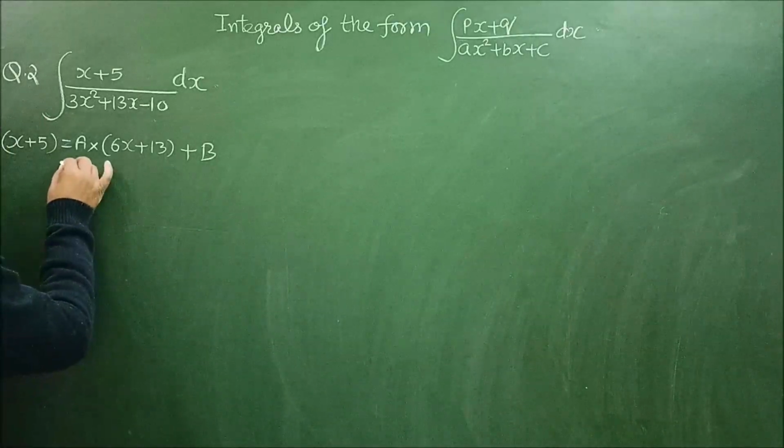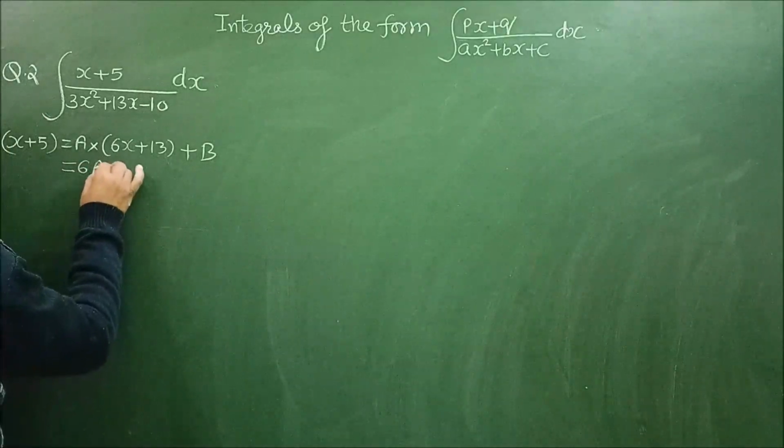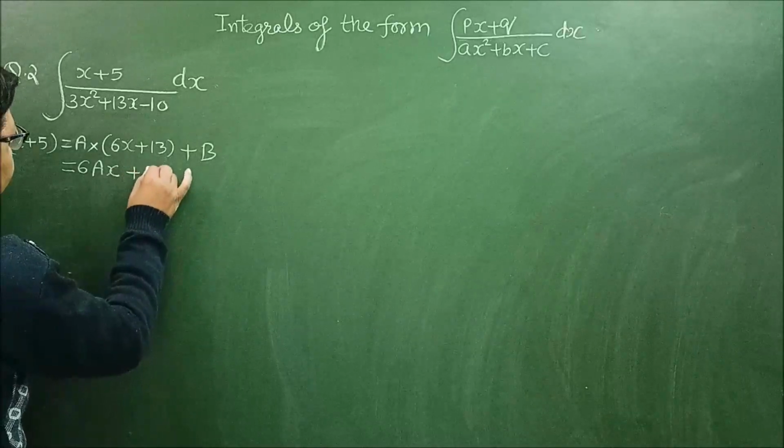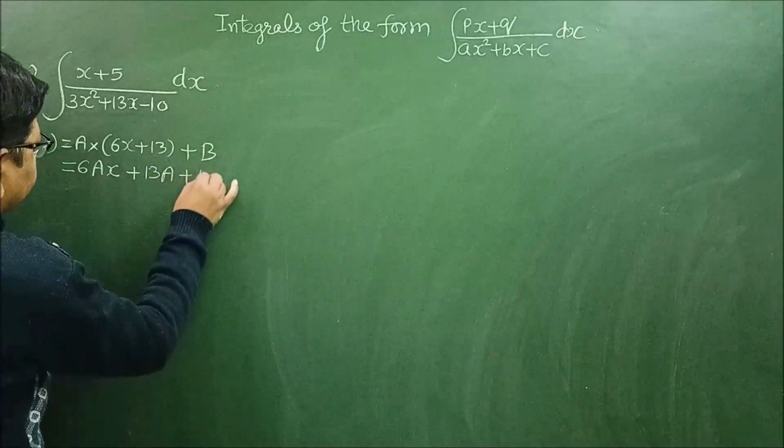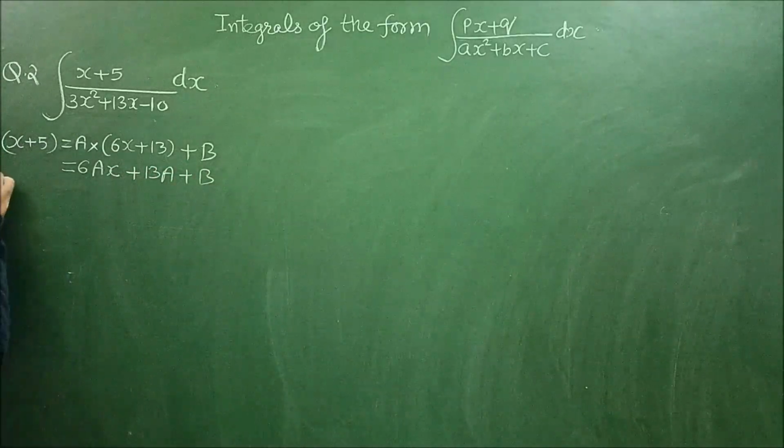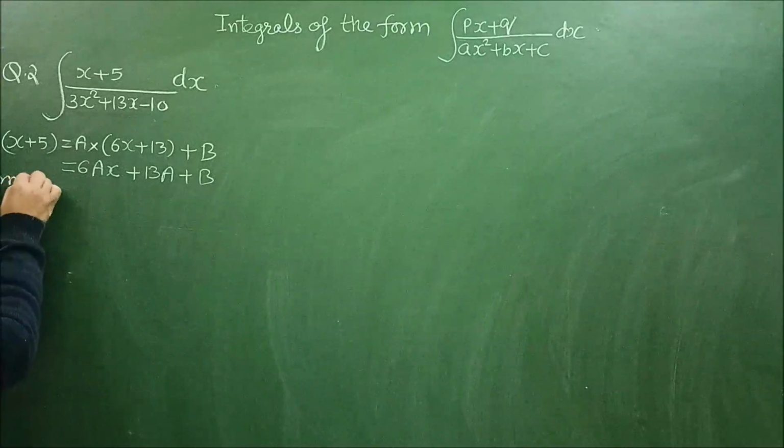Now rearranging the terms, 6ax plus 13a plus b. Now comparing the coefficients on both sides.